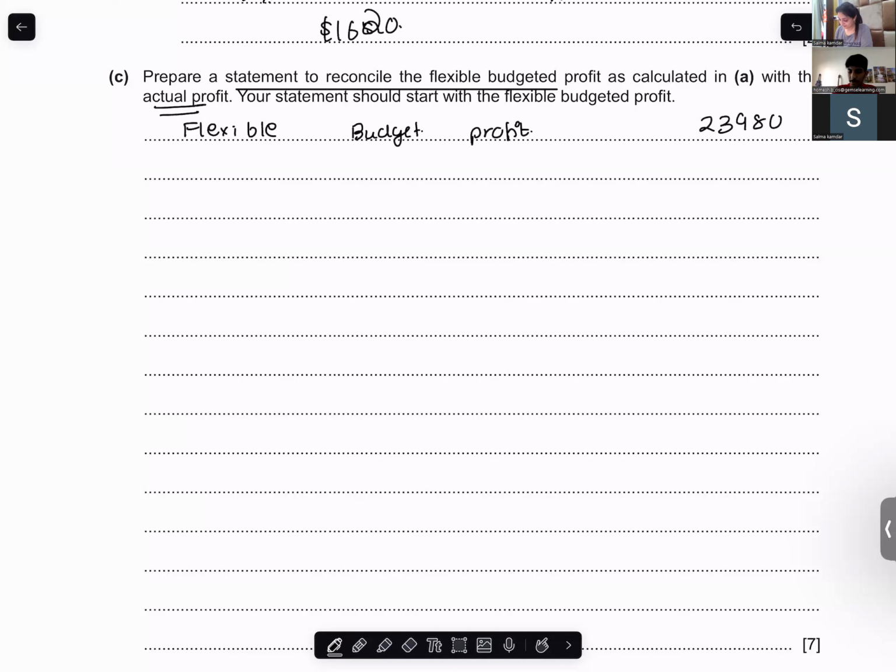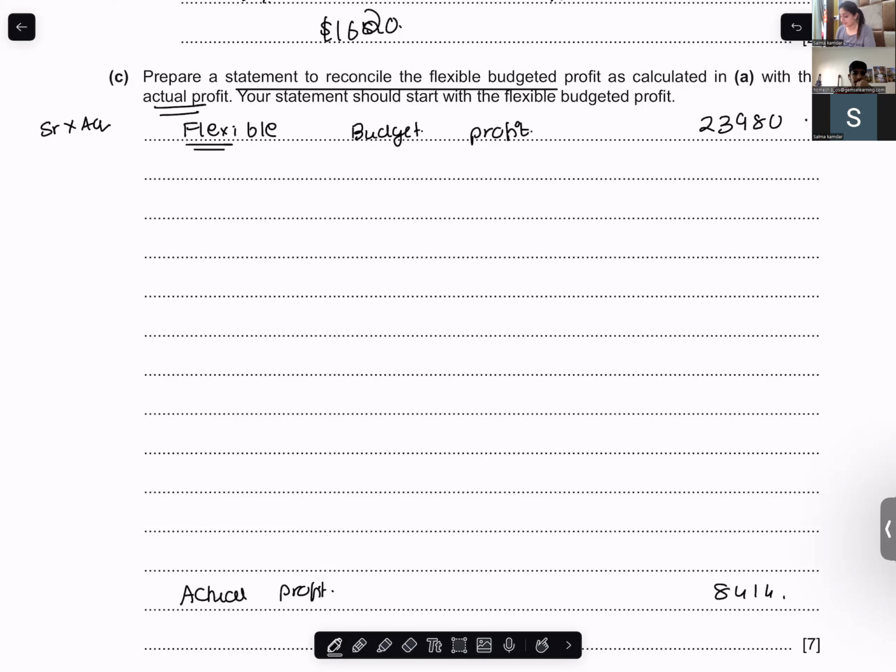Our actual profit, one sec. Oh, sorry, actually it's 8414. Actual profit is given in the question. In the flexible budget, you have your standard rate and actual quantity.